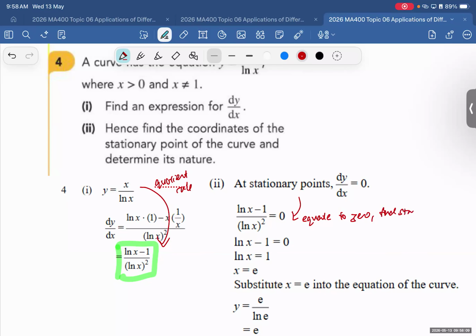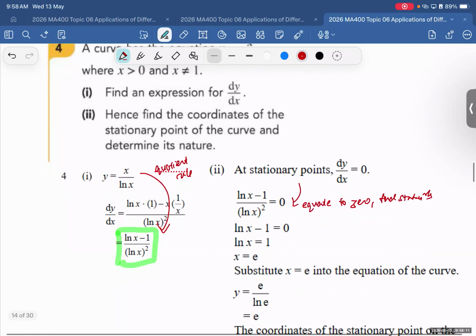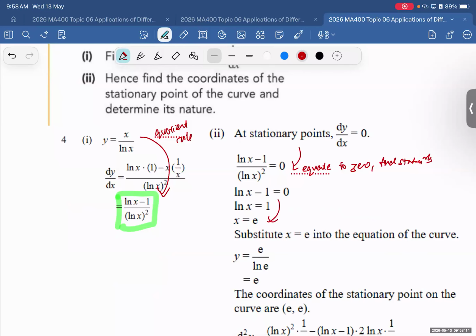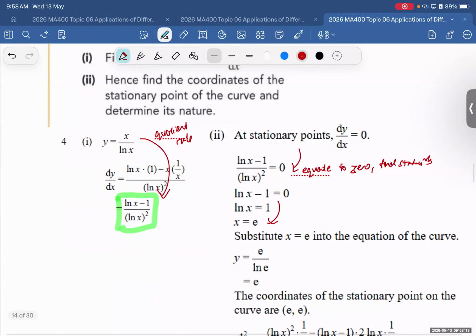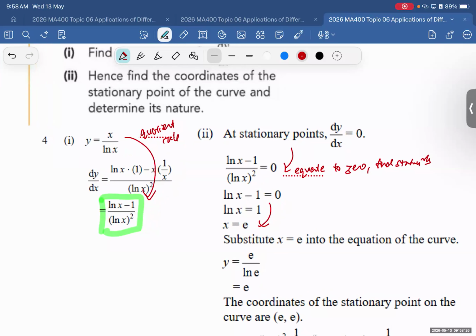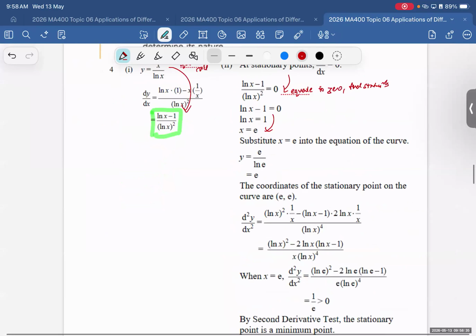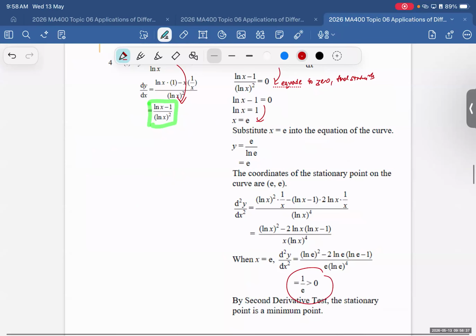After you solve, you get x equals e. Then y equals e, so the point is (e, e). Now don't forget, many people will stop at this point. What do you need to do after this? First or second derivative. Very good. Now go for the second derivative. You check that, and remember to evaluate the value.